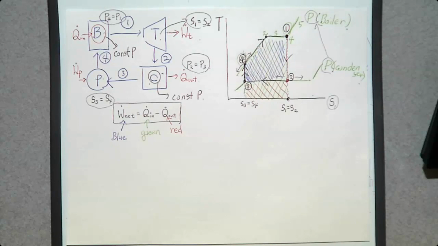How can you improve it? By decreasing the net power? That sounds very stupid, right? We want to increase the net power. So what represents the net power? The blue. So we are going to learn how we can increase the enclosed area. That's how we can improve the performance of this Rankine cycle.